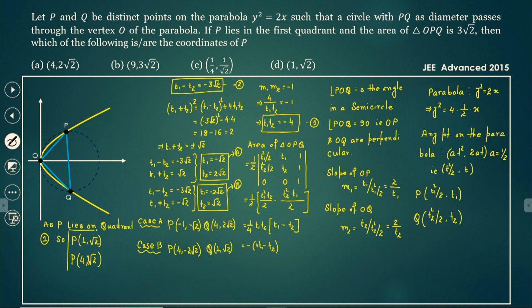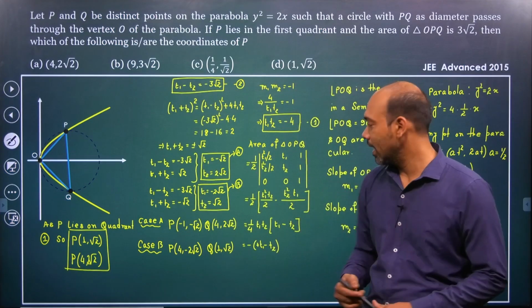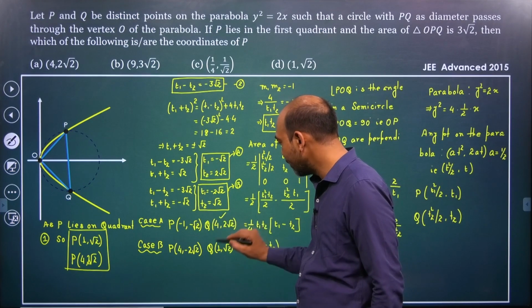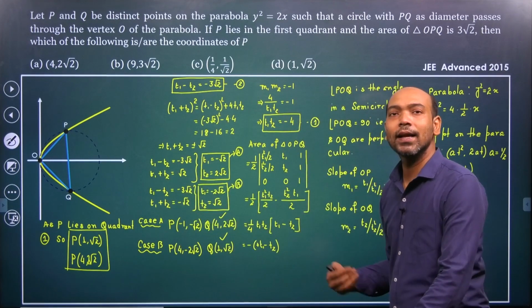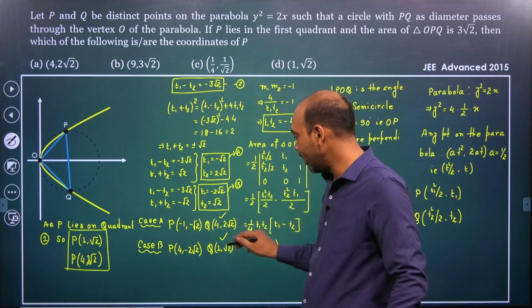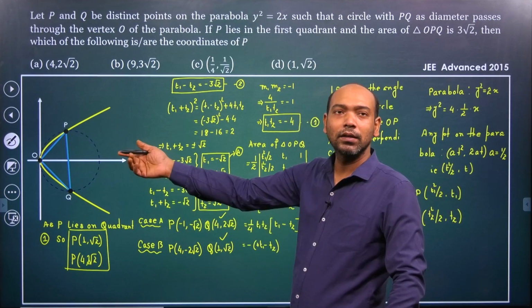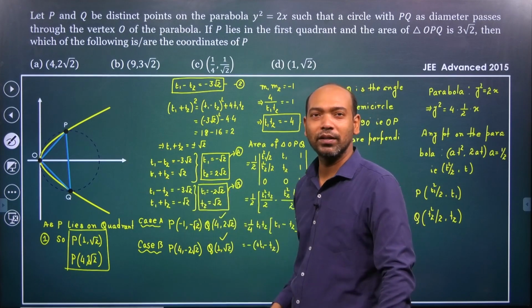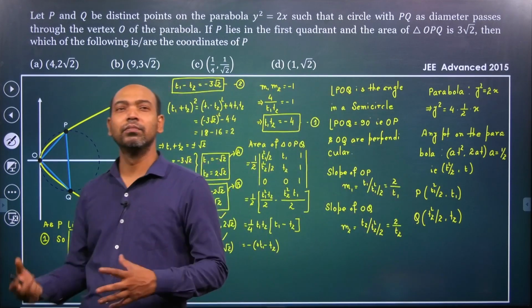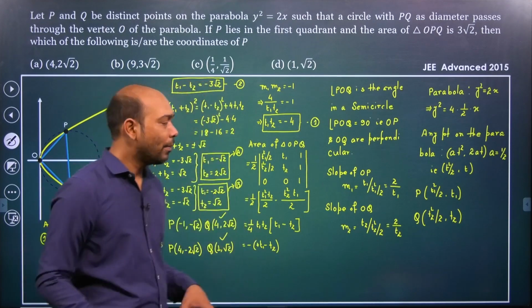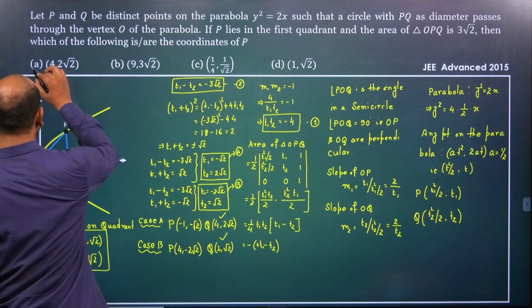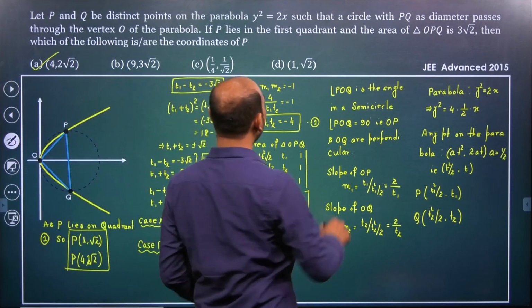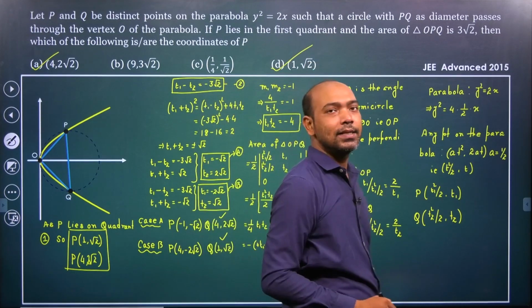So these are the coordinates of P. So the corresponding Q will be the other two values. So based on our drawing and how the formulation is done, this point will become the point P and the Q becomes the other point, right? So that's the way of my writing, right? But that's it. So therefore, for this particular problem, we understand that P is equal to 1 root 2, that's option D, the correct answer.